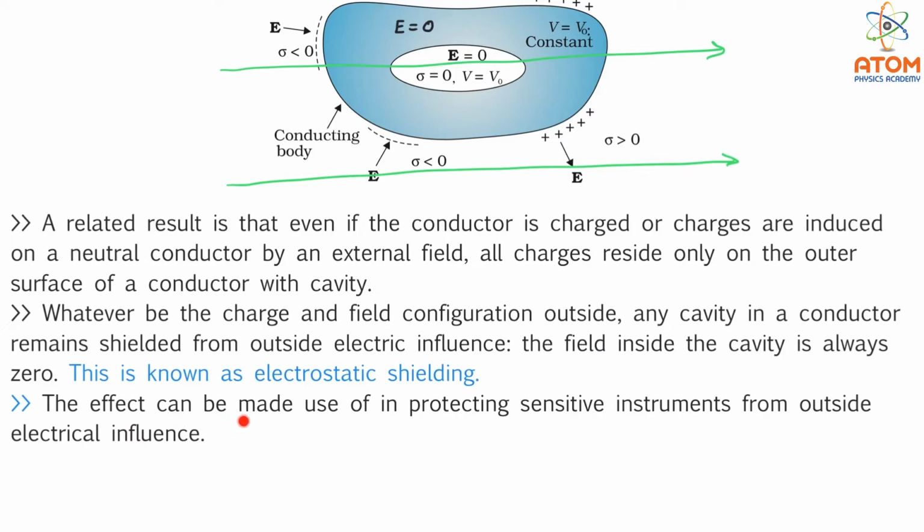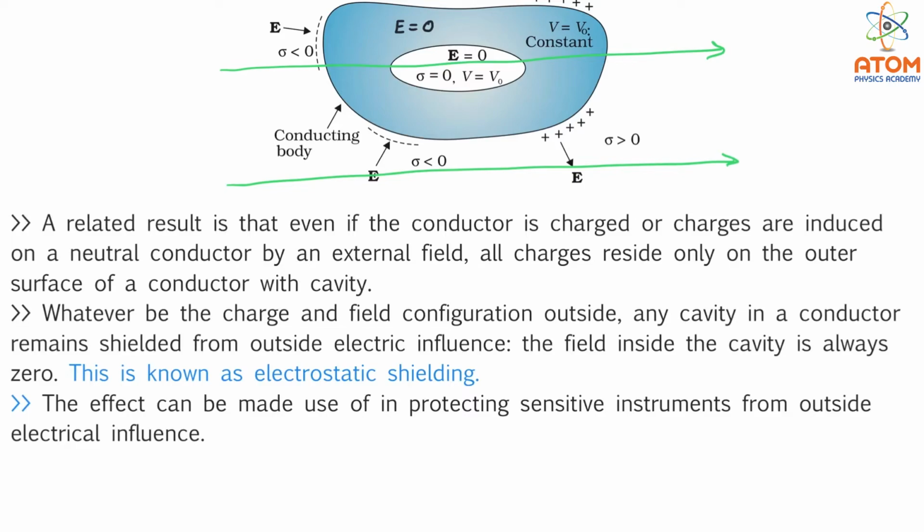The effect can be made use of in protecting sensitive instruments from outside electric influence. See, this method can be used for protecting any sensitive instrument from outside electric field. Let us say a satellite is always kept outside of the atmosphere or very far from earth, and it is always in the influence of electric field and electric charge coming from the sun.